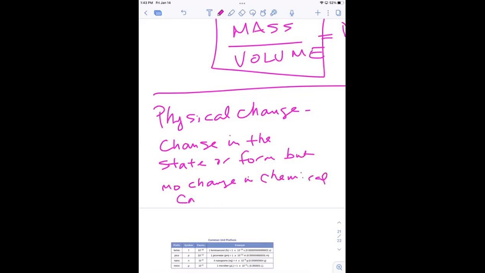It's like taking sand from the beach and wetting it. When it's dry, it's granular. If you wet it, it becomes a little more compact and you can build a sand castle. That's a physical change. You haven't changed the composition of what sand is made of.